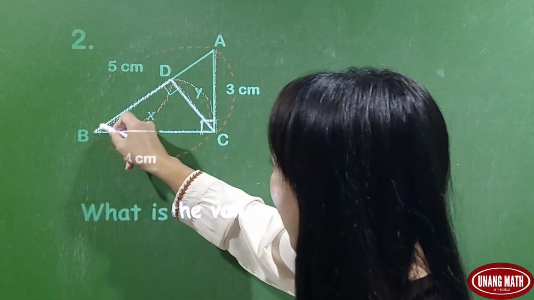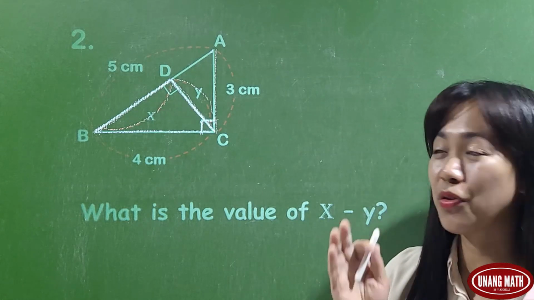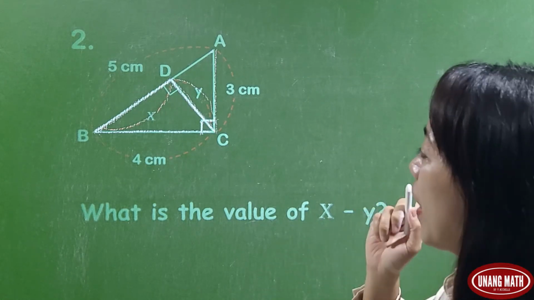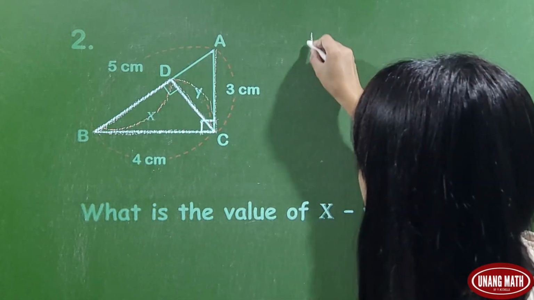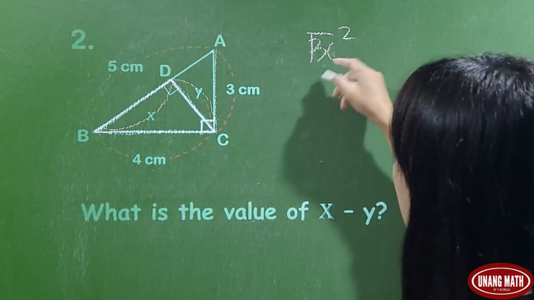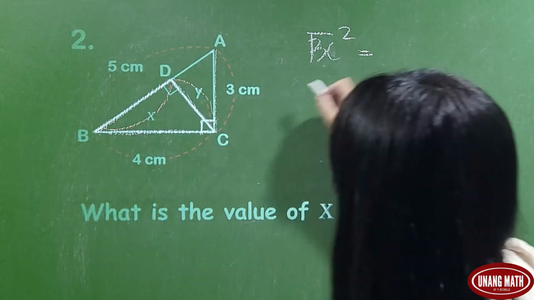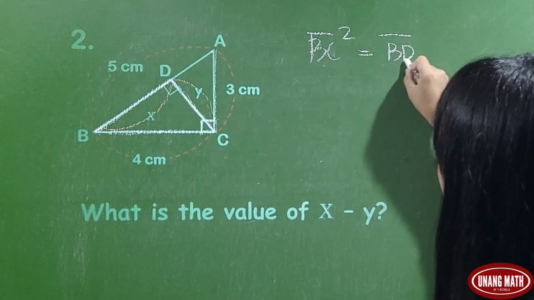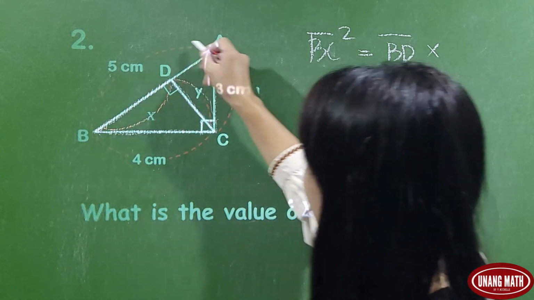To find the length of segment BD, we will use the right triangle altitude theorem. And that would be BC squared is equal to the length of segment BD, and we need to multiply the length of segment BA.